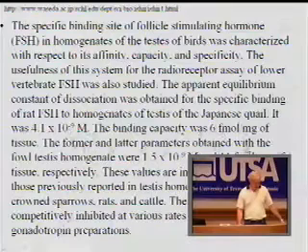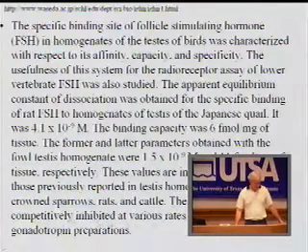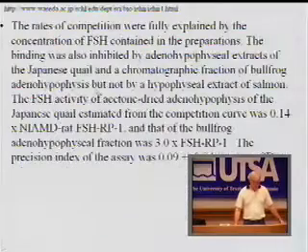The former and latter parameters obtained with the fowl homogenate were 1.5 times 10 to the minus 9 molar and 11 femtomole per milligram of tissue, respectively. So these values are in good agreement with those previously reported in testis homogenates of white-crowned sparrows, rats, and cattle. The binding was competitively inhibited at various rates by mammalian gonadotropin preparations.